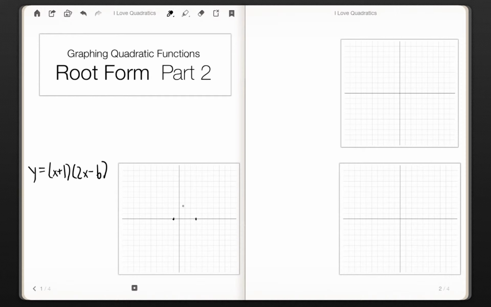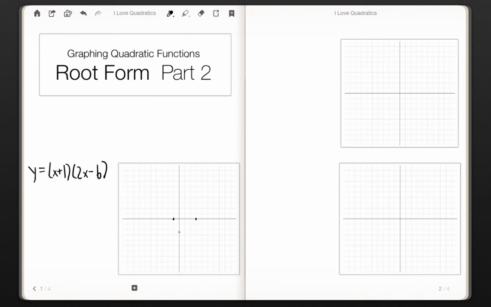Now, how do we draw in the axis of symmetry when we don't even have the graph drawn yet? The way you might have thought about it previously was, well, once we draw the graph, then we can see where the middle of it is, and we can draw a vertical line right through it, and that'll be our axis of symmetry.